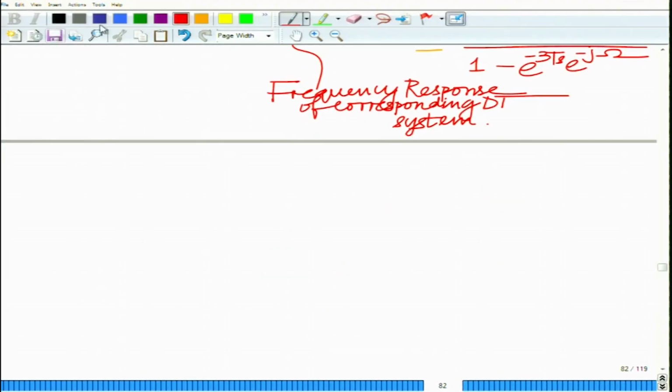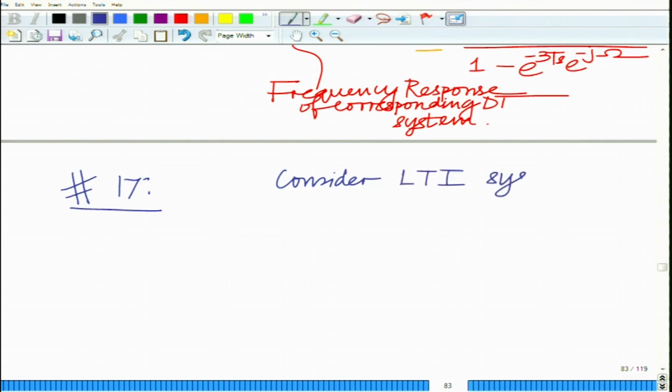For this, we will consider again the LTI system. Consider an LTI system with infinite impulse response h(n).